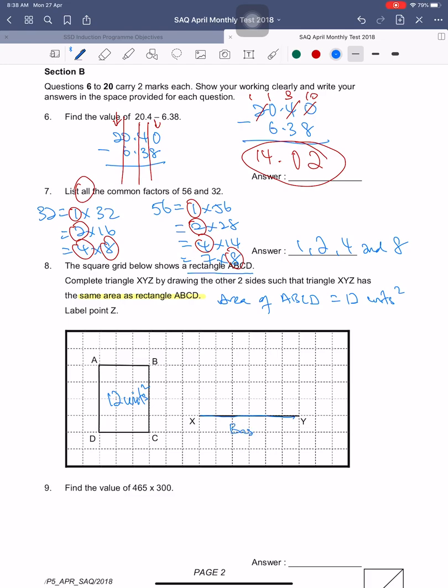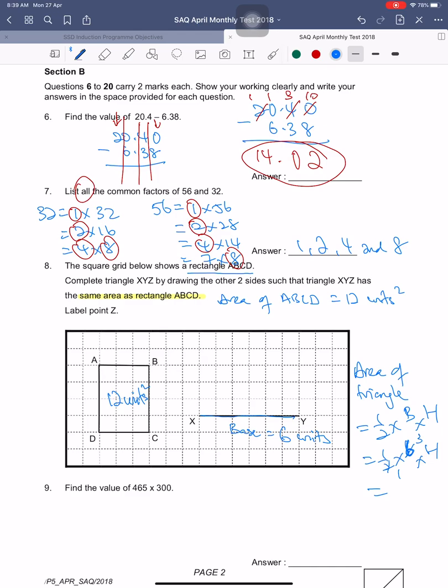This is my base, which is 1, 2, 3, 4, 5, 6 units. So if I use the area of triangle equals half base times height, the base will be 6. If base is 6, I can divide by 2.